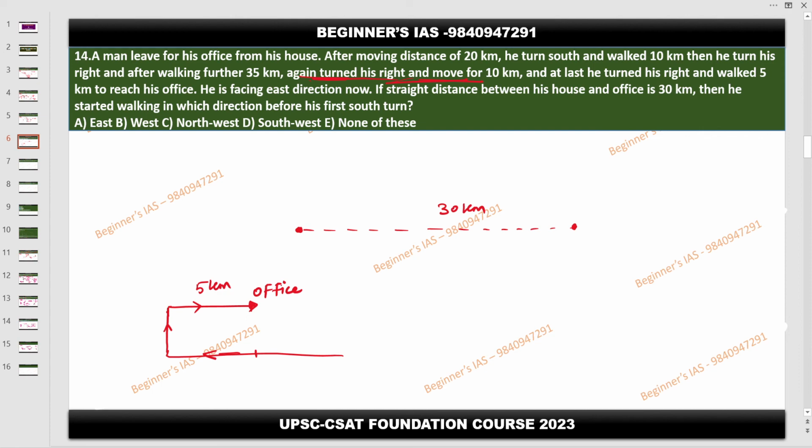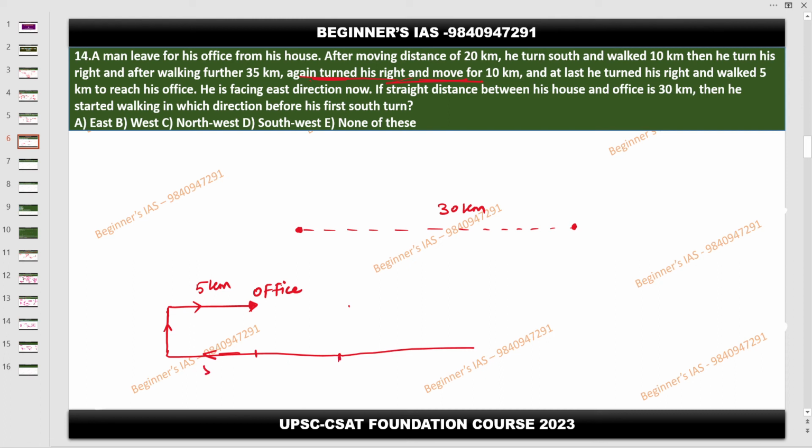Now, he turned south and walked 10 kilometers. Then he turns right. So south in this direction. So now 35 kilometers. So here 10. Then I'm moving this again. So this is another 5.